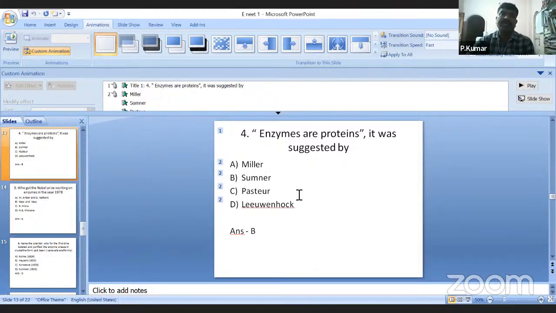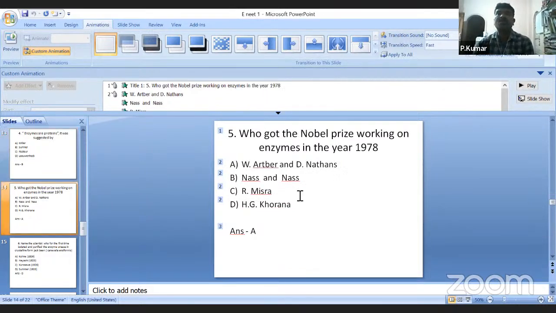And who got the Nobel Prize for working on enzymes in the year 1978? Arber and Nathans.